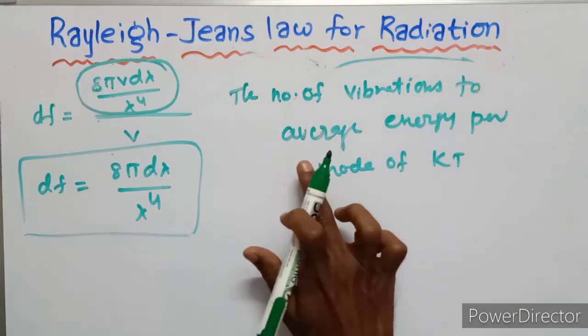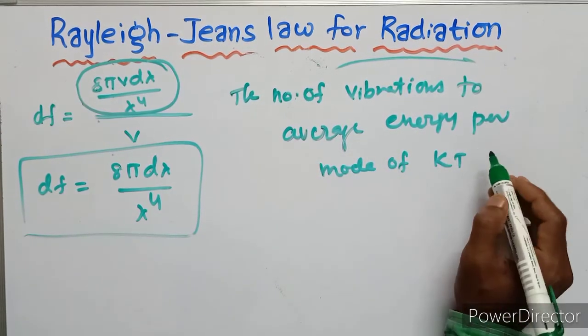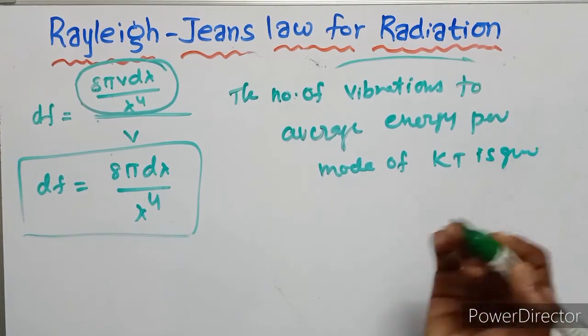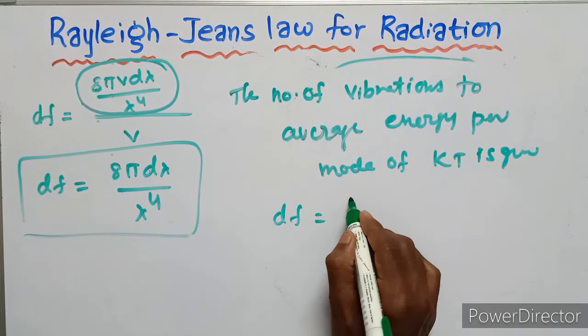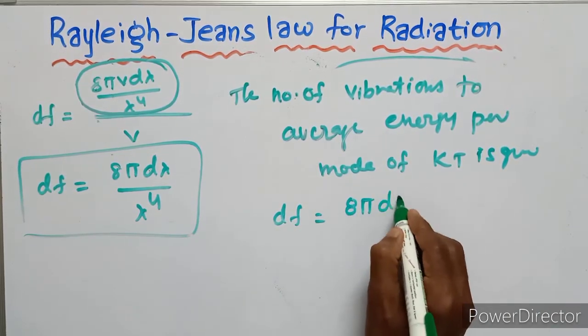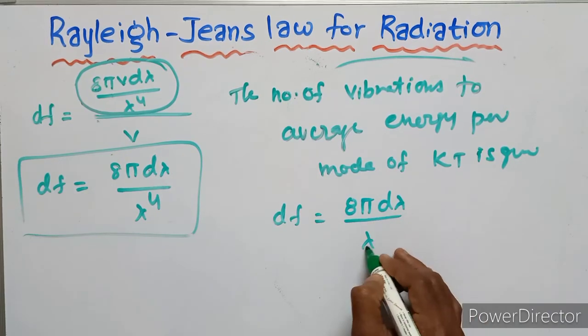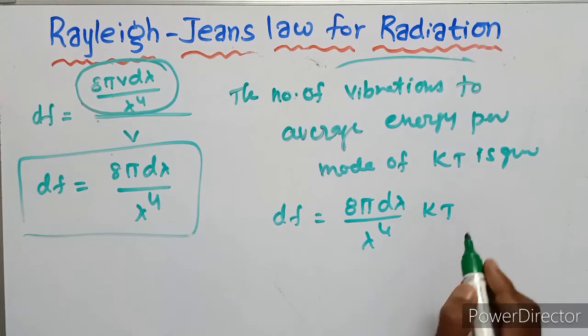This is given by dF equals 8 pi d lambda upon lambda to the power of 4 kT.